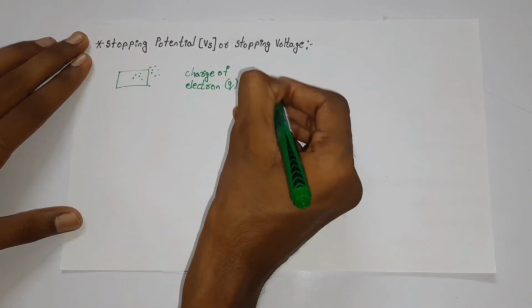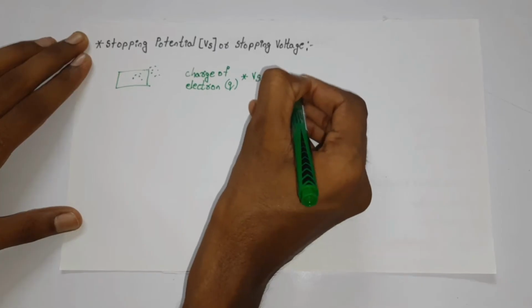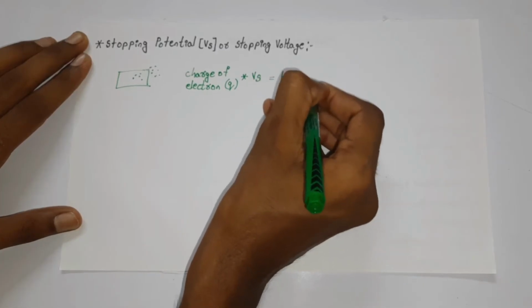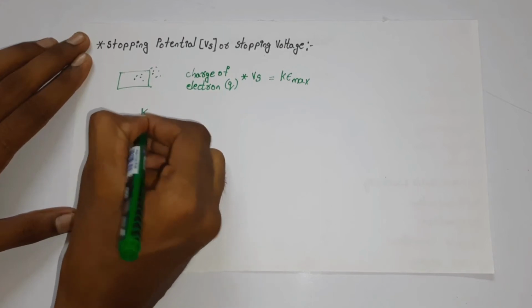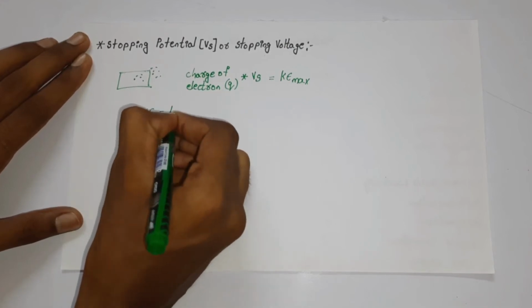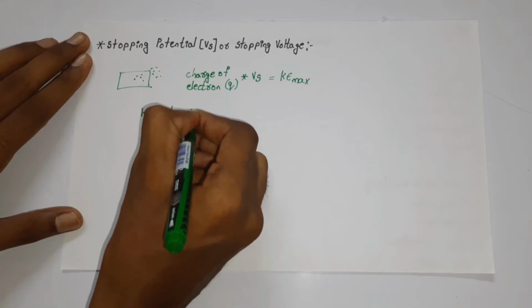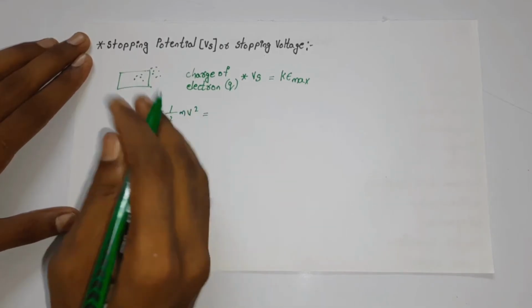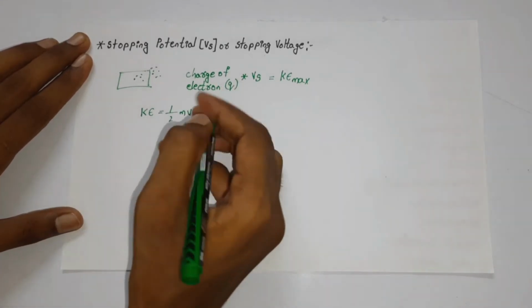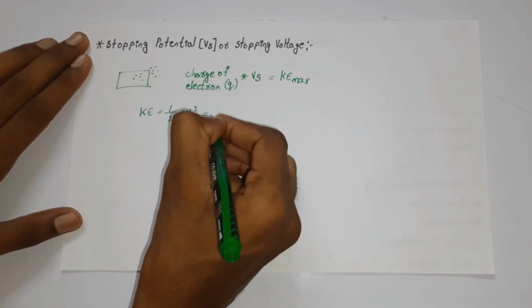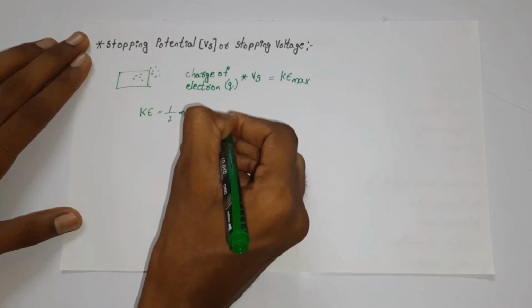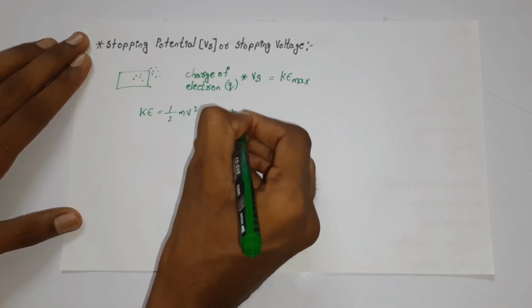At this condition the kinetic energy will be maximum. As we saw before, the kinetic energy is equal to half mv square, and as per the stopping potential, the maximum kinetic energy is equal to the charge of the electron into the stopping potential.